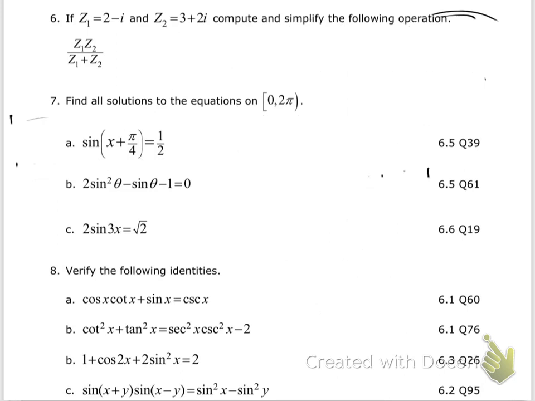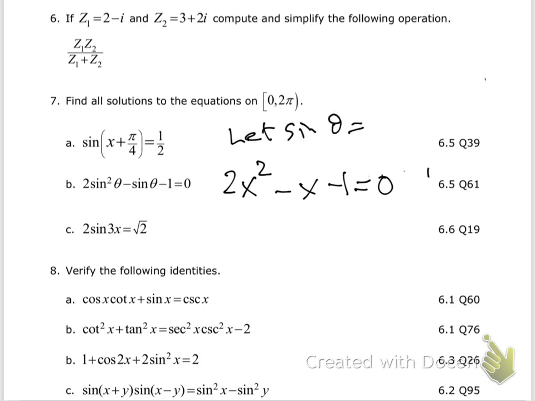Okay, next one. The next one is looking like a quadratic equation to me. In other words, 2x squared minus x minus 1 equals 0, if I let sine theta equal x. This is, if you remember, u substitution. I've called it x substitution, no big deal.